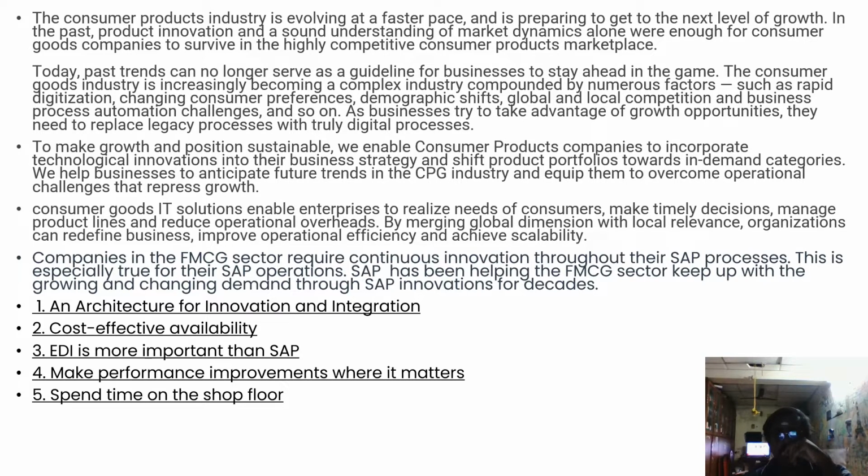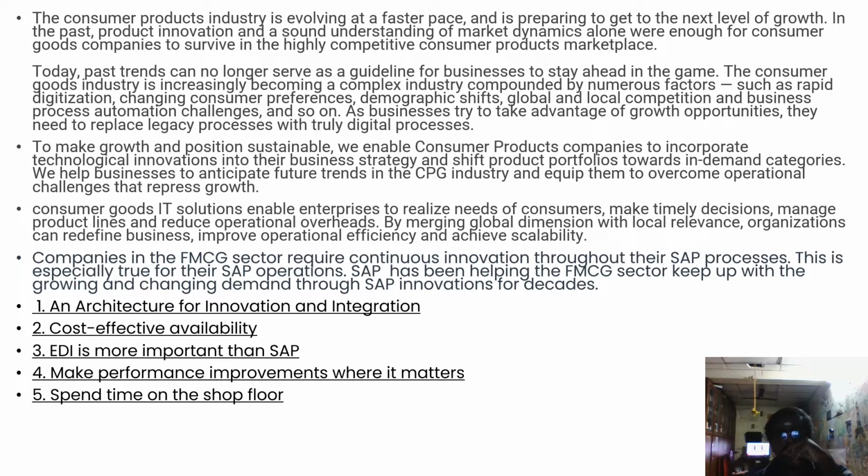In the past, product innovation and a sound understanding of market dynamics alone were enough for consumer goods companies to survive in the highly competitive marketplace. Today, past trends will no longer be useful; they won't cater. We need an exact guideline for the business to stay ahead in the game.